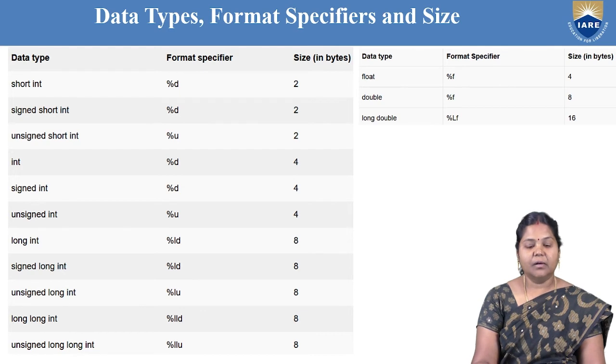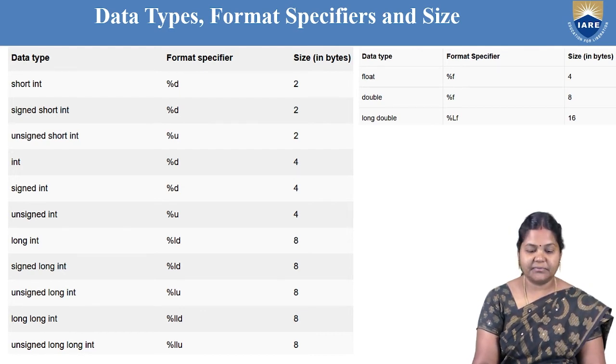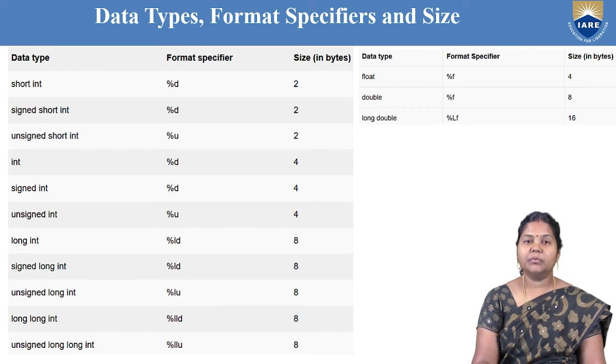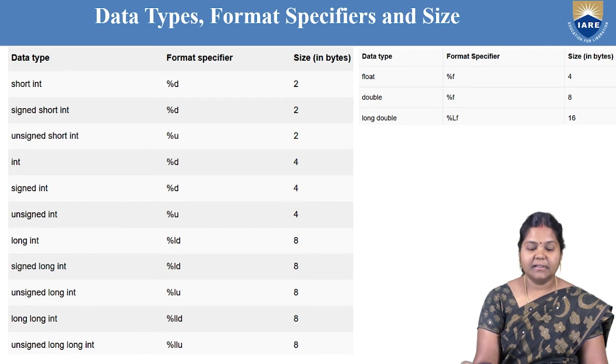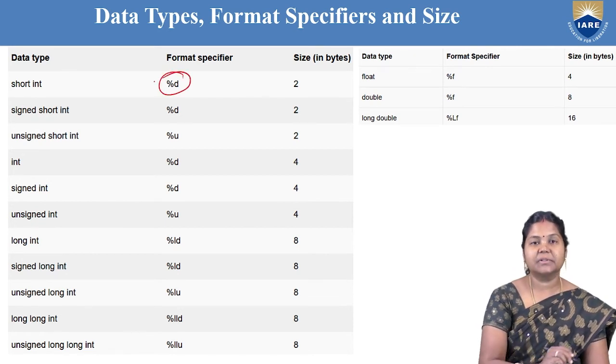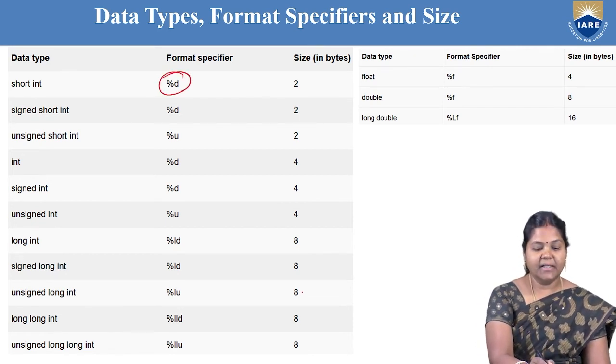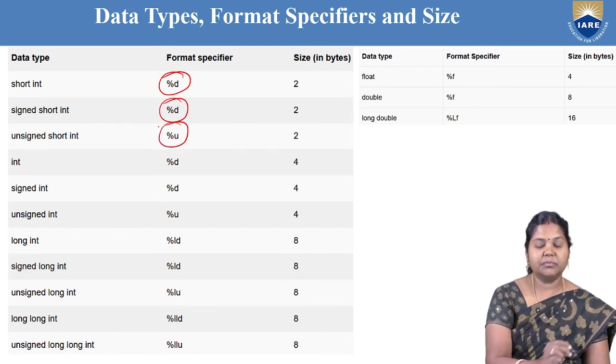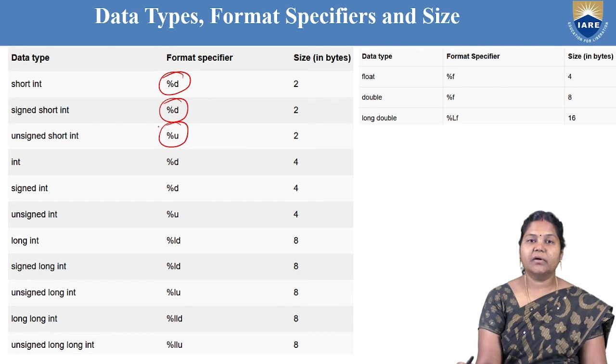Now, this is also the same related to the data types and the format specifiers. That means if you want to display or read any short integer, then what is the format specifier? It is %d. Similarly, for signed short integer or unsigned short integer, for signed we write %d, but for unsigned we write %u.